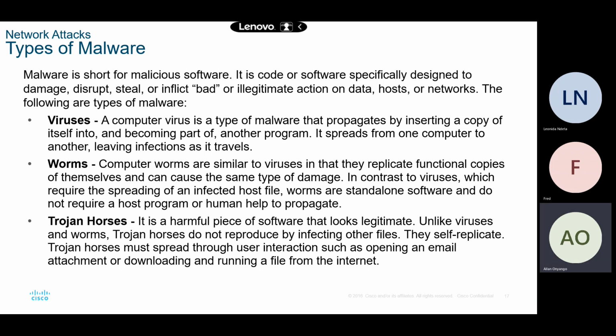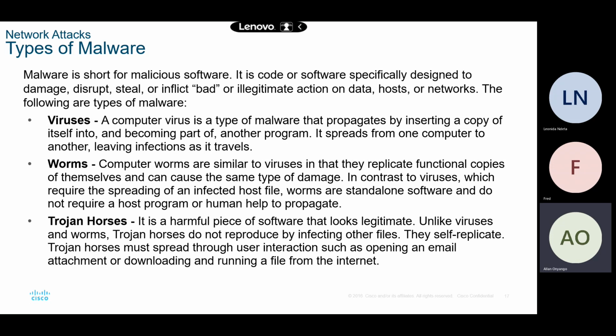So it's just a piece of software or code designed to cause some bad ills. It can damage, it can disrupt. Sometimes it steals information, or it causes things like your computer keeps on going on and off. Those are some bad reputations of malicious software.